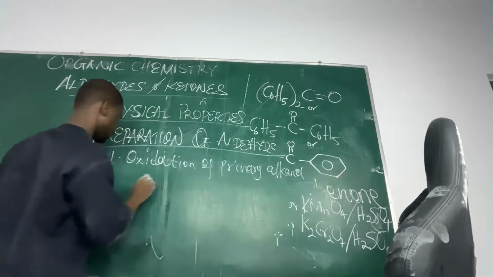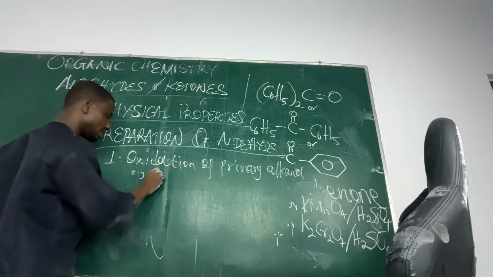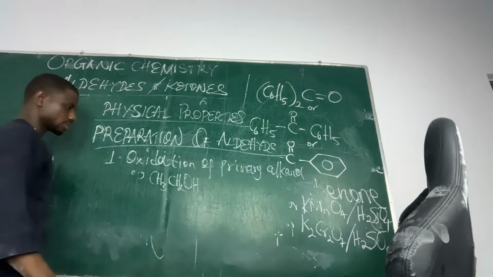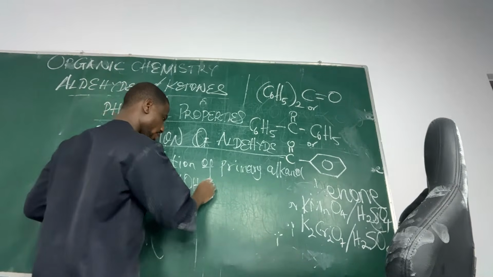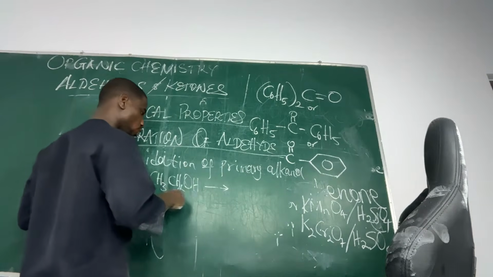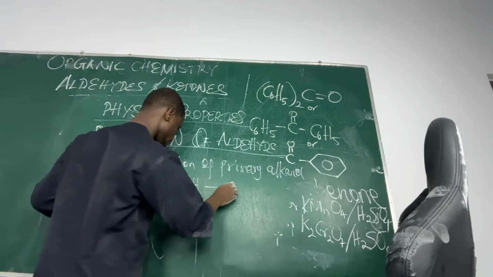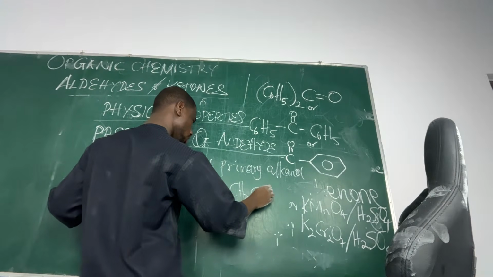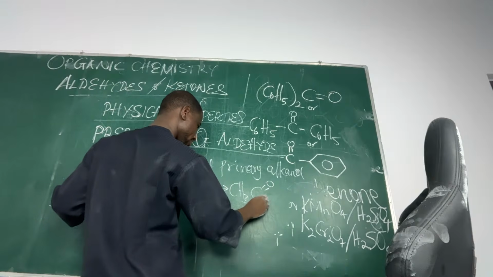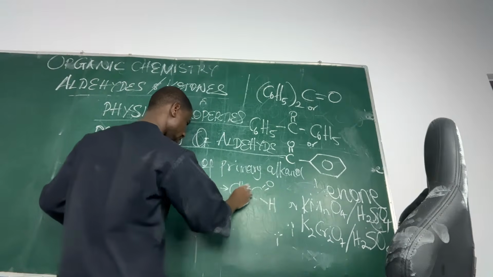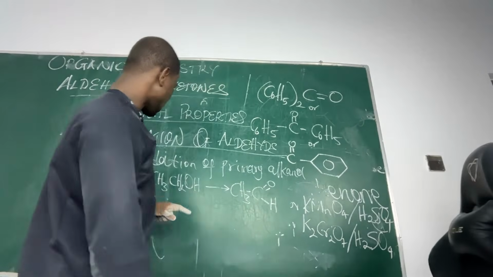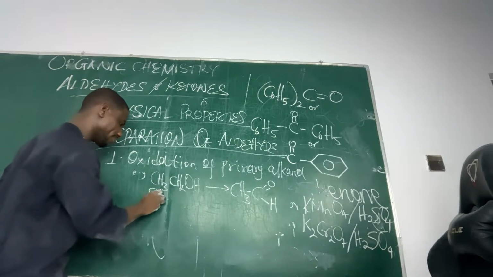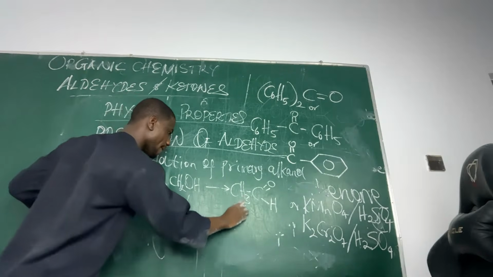Example, we have CH3CH2OH, because it can be oxidized to have CH3C double bond O and H. What did we do? The oxidation here is by removal of hydrogen. This is ethanol.